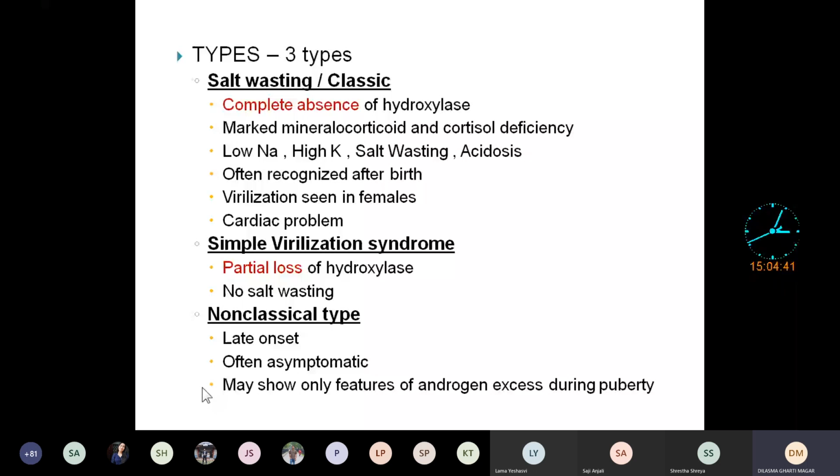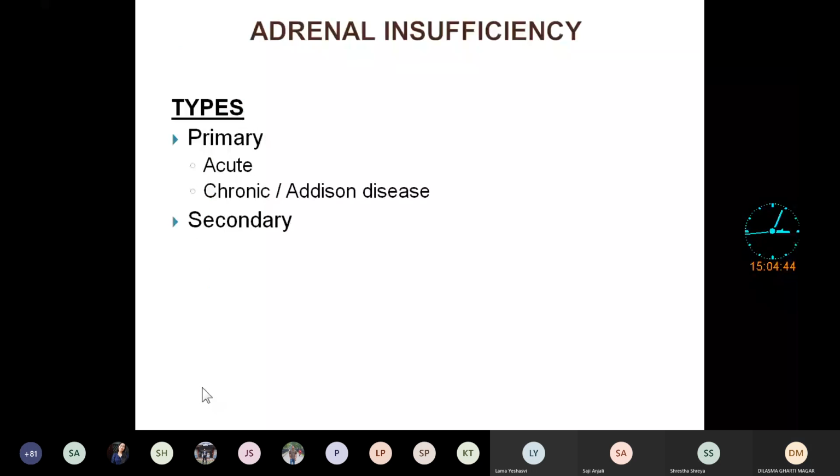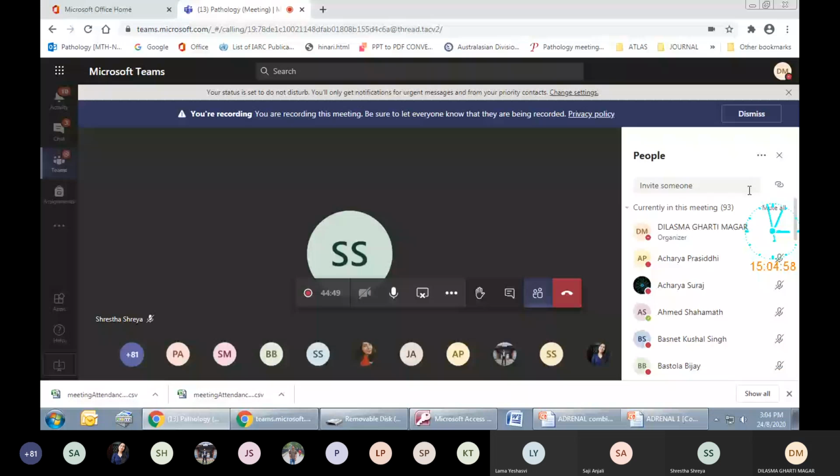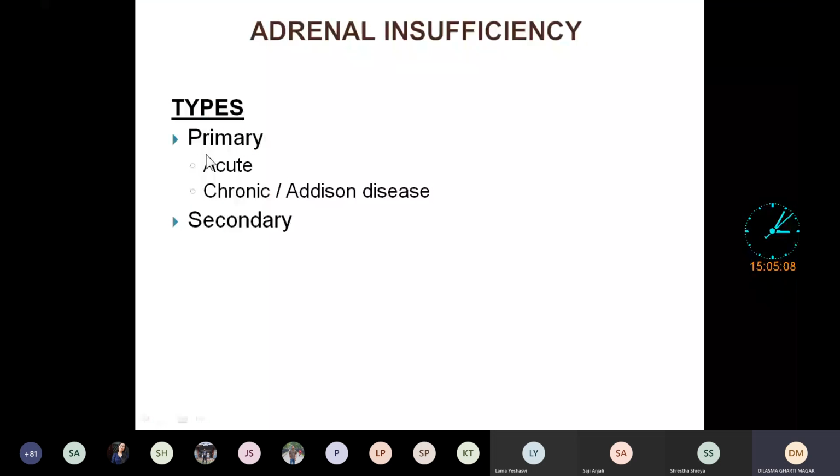So now we'll come to adrenal insufficiency. There are two types: one is primary and another one is secondary.